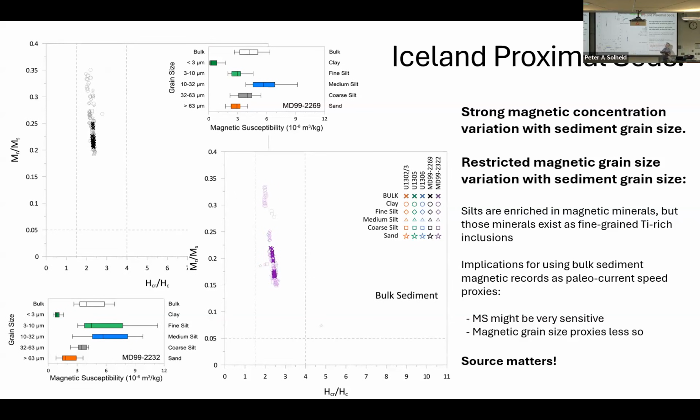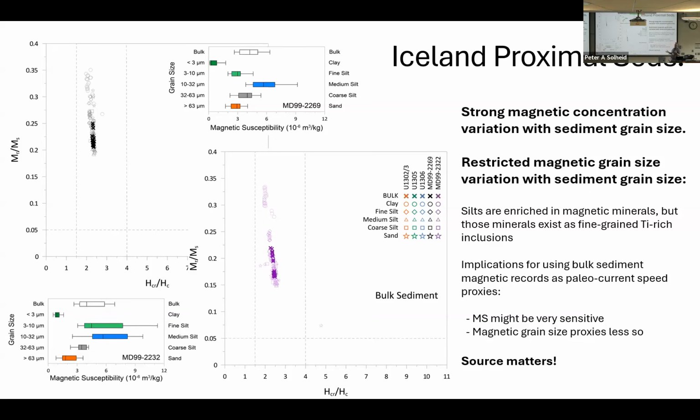That's driven by those inclusions within each silt size fraction that just look very similar magnetically. But you do see this variability in concentration, right, in susceptibility. So you see the fine silts and the medium silts are really important for hosting the fraction, but magnetic grain size proxies can't really discriminate between the different grain size fractions.